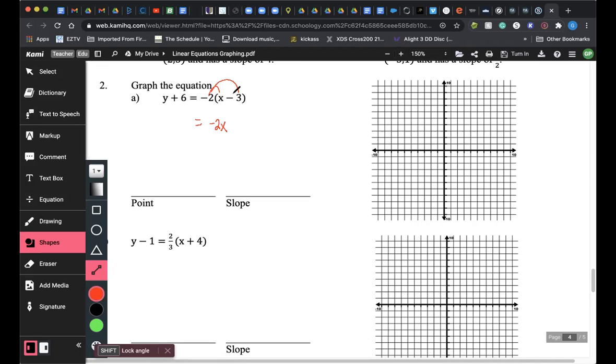Good. What's -2 times -3? Positive 6. Good. So you have -2x plus 6. And then we just bring down the left side of the equation, y plus 6. We have to get rid of this 6, so we're just going to subtract 6 from both sides. That means it's going to cancel out on both sides. So what you're left with is y is equal to -2x.